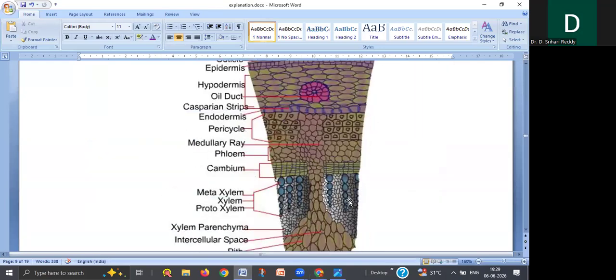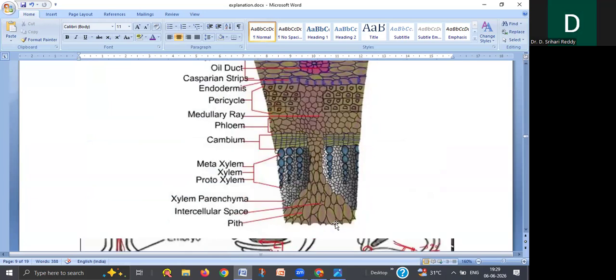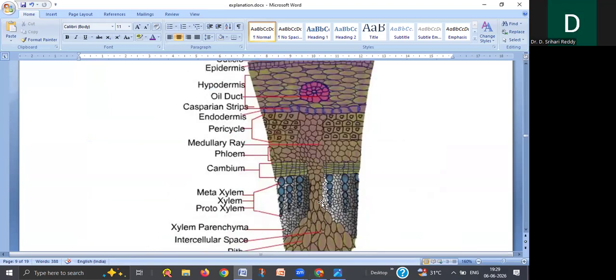Here you see in the secondary growth the medulla or pith. At the center of the stem we find the medulla or pith, and there is a connection between the outer cortex and the medulla in the stele. That connection is in the form of the medullary rays.